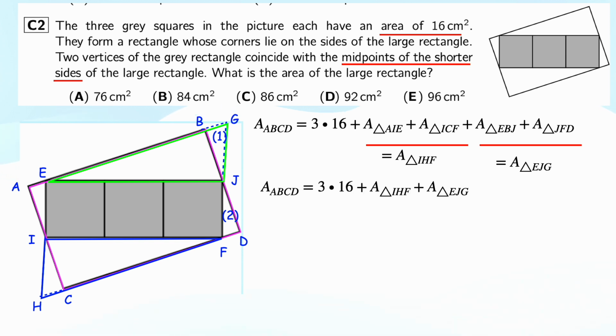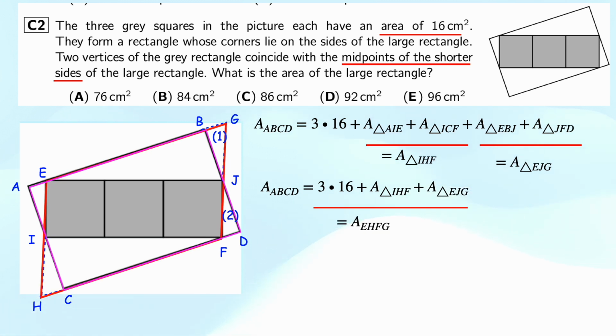So then we rewrite them. The ABCD area is the gray area plus the triangle EJG and the triangle IHF. How do they look? They are also a shape of the parallelogram, EHFG.